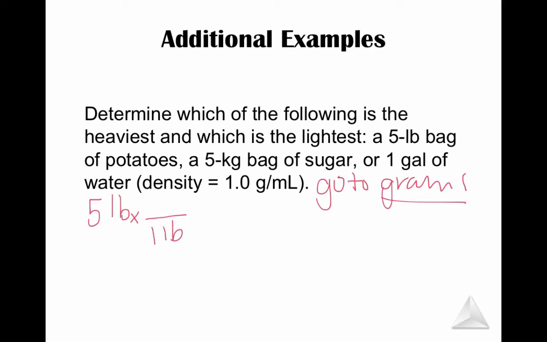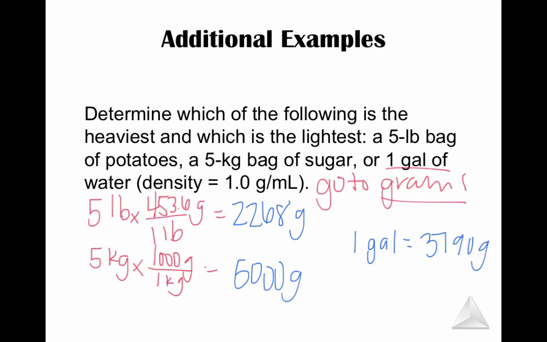So remember, 1 pound is 453.6 grams. Okay, so that's the potatoes. 5-kilogram bag of sugar. Well, now we know that 1 kilogram is 1,000 grams. And then we can take this 1 gallon of water, and luckily we actually did that in the last example, so you can go back and look at that, or if you want to do it again, you can.